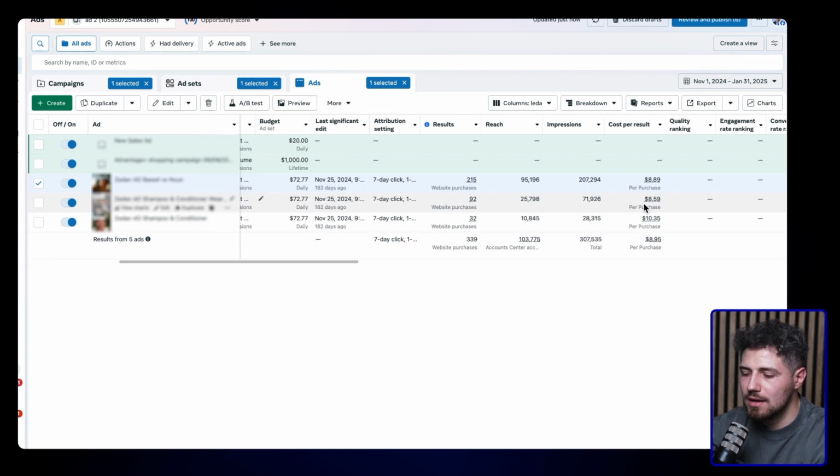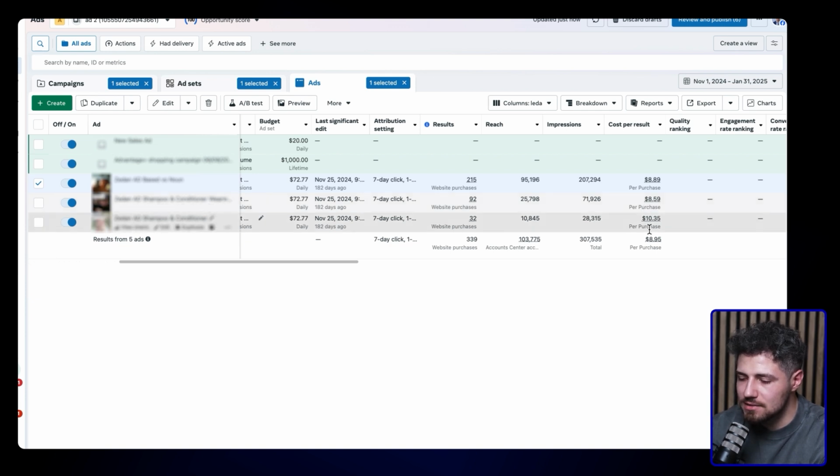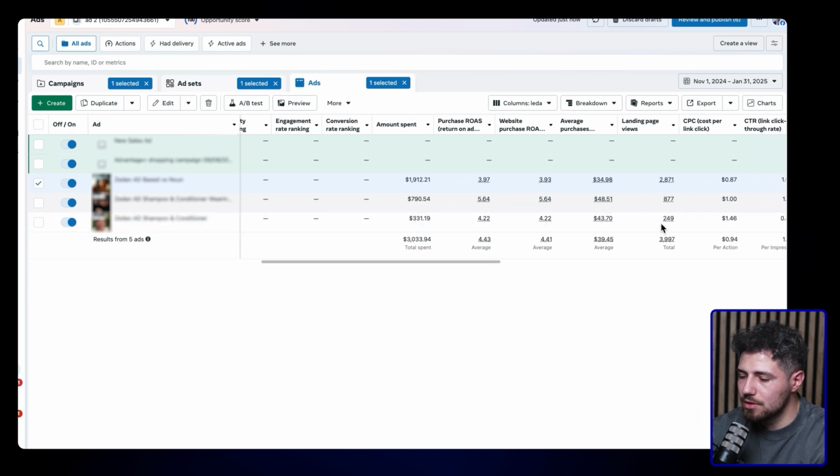The second one had $8.59. And the third one that attained 32 purchases attained a $10 cost per result. So Facebook will see which one is the best result in terms of volume and cost per result. So that's how we were able to achieve a 4.4 ROAS.